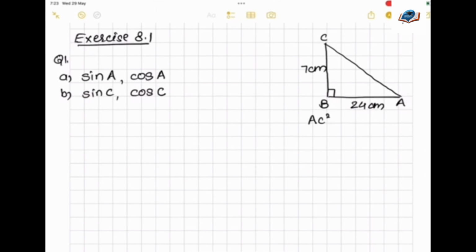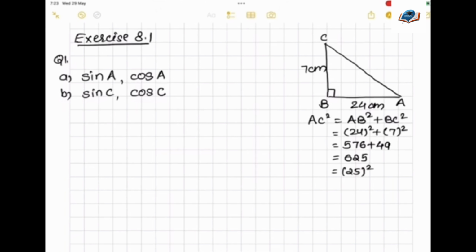Pythagoras theorem is AC square equal to AB square plus BC square. AC I don't know. So 24 square plus 7 square, that will be 576 plus 49, which is 625, equal to 25 square. So AC is 25.